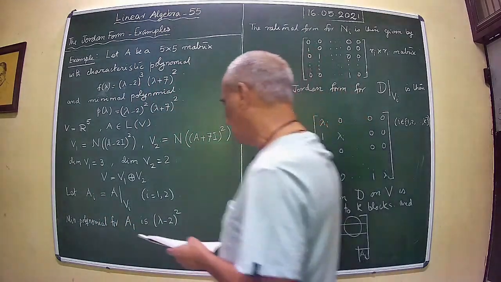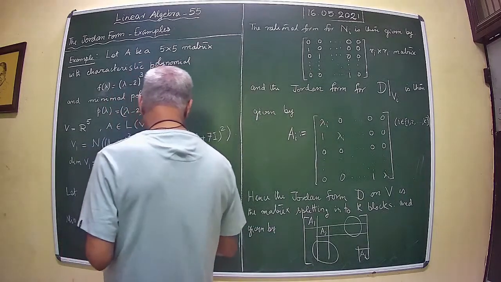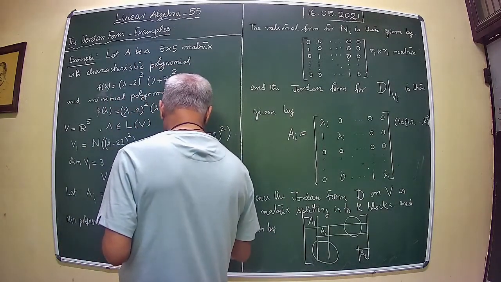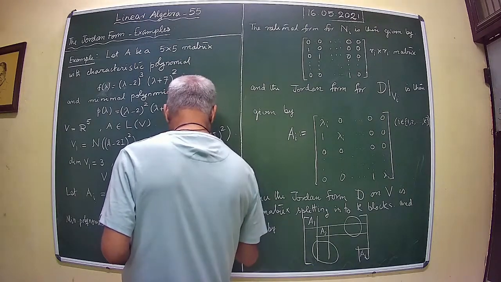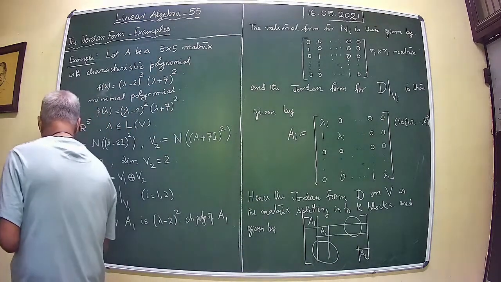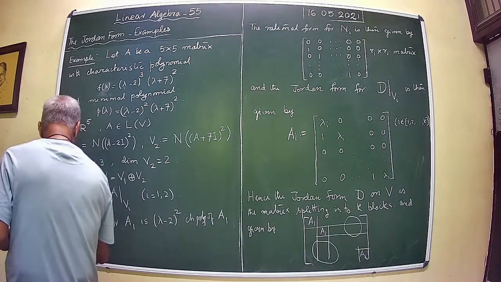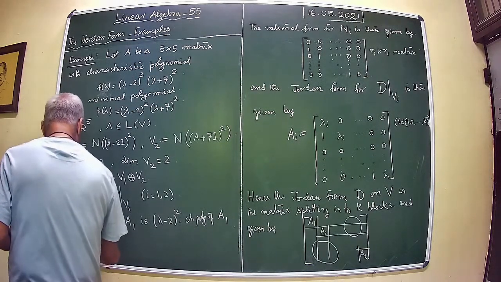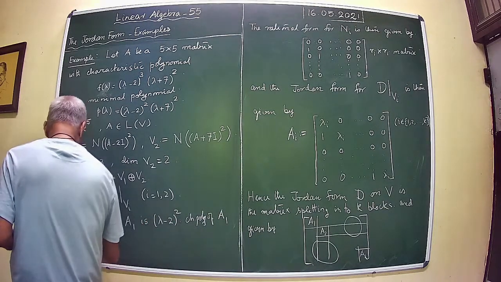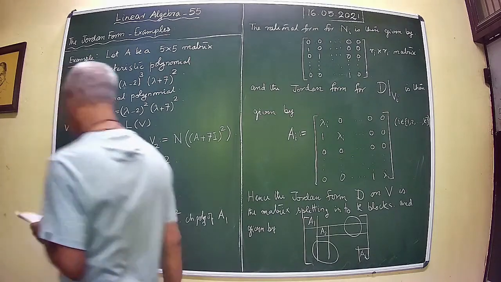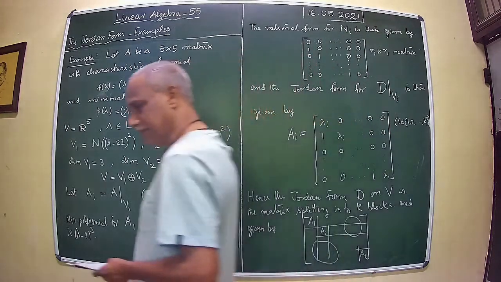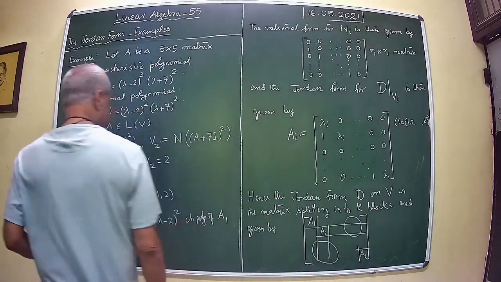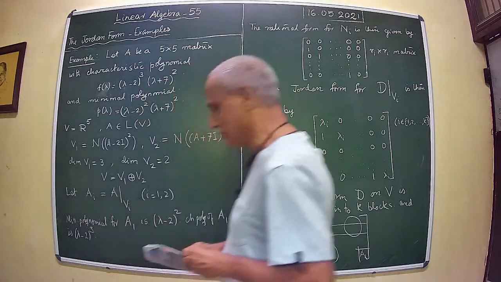Okay, but the characteristic polynomial is, therefore we can now write down the Jordan form. Okay, that's quite easy to write down.